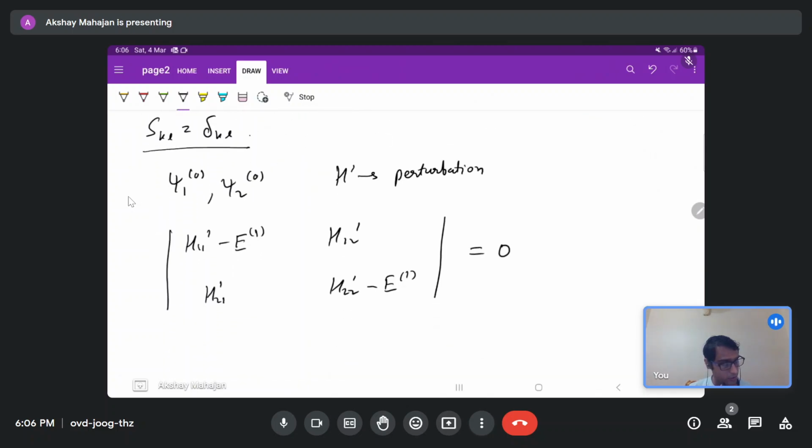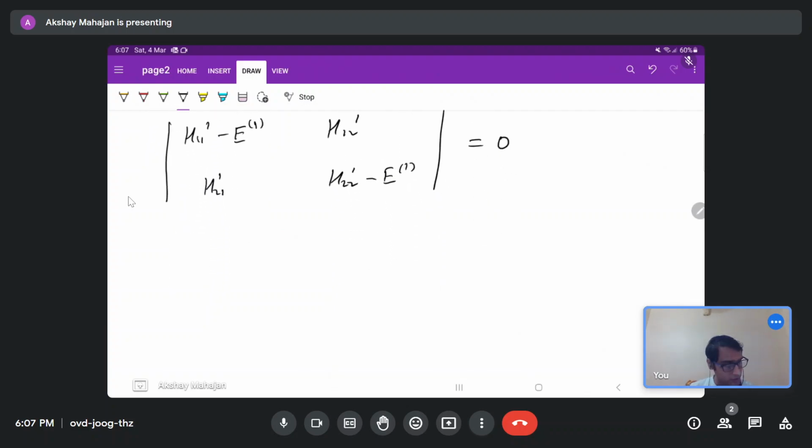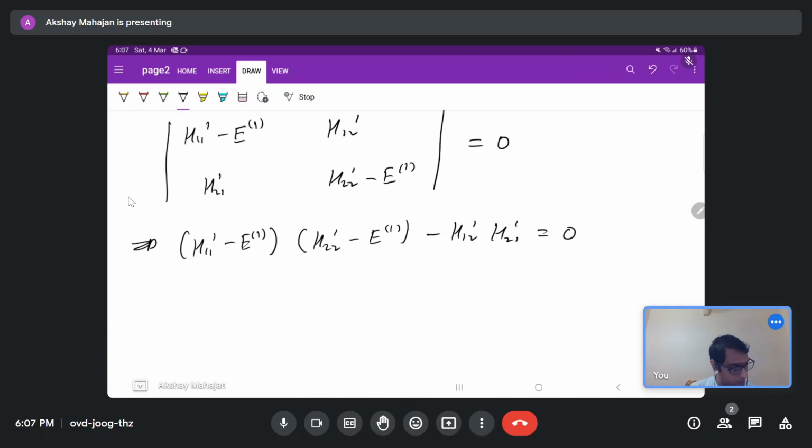Otherwise you would have to put S11, and there would be E times S12 as well. But since we know these are orthonormal, this will be 1 and those will be 0. Now we just have to solve this determinant. That will be H11 prime minus E1, multiplied by H22 prime minus E1, minus H12 prime H21 prime equals 0.